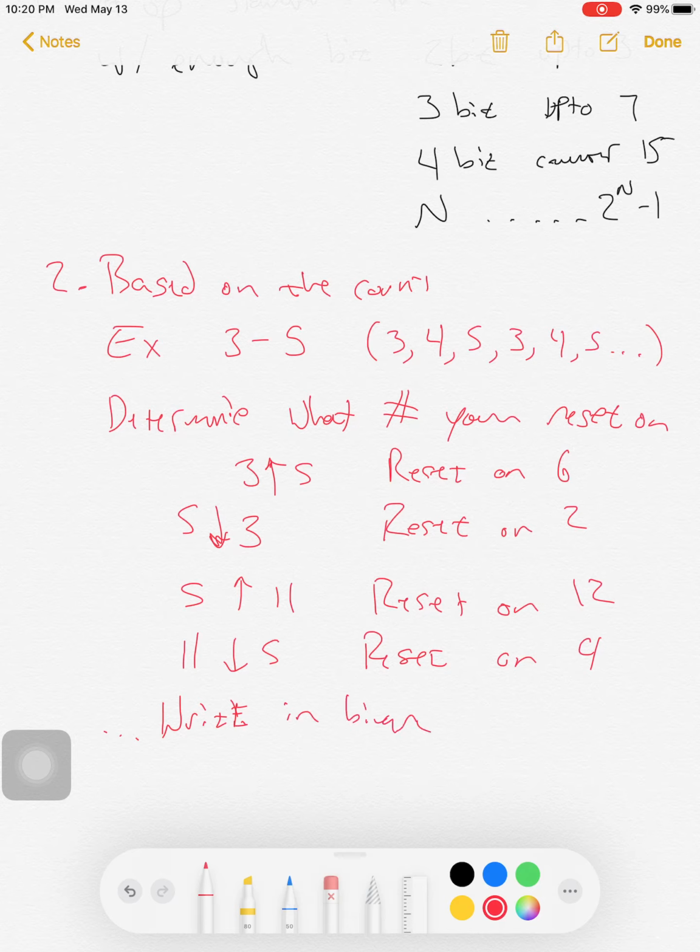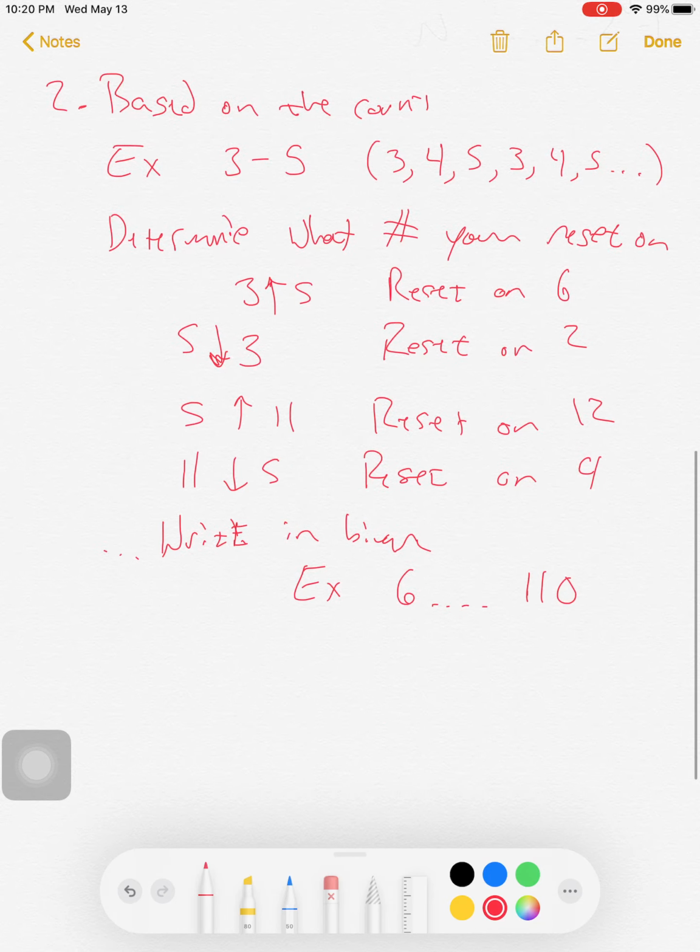So for our example, we're going from 3 to 5, we're resetting on 6, and 6 in binary becomes 110. All right, this is our most significant bit and our least significant bit. So we have 110. Basically, we want something to happen when we hit that number.